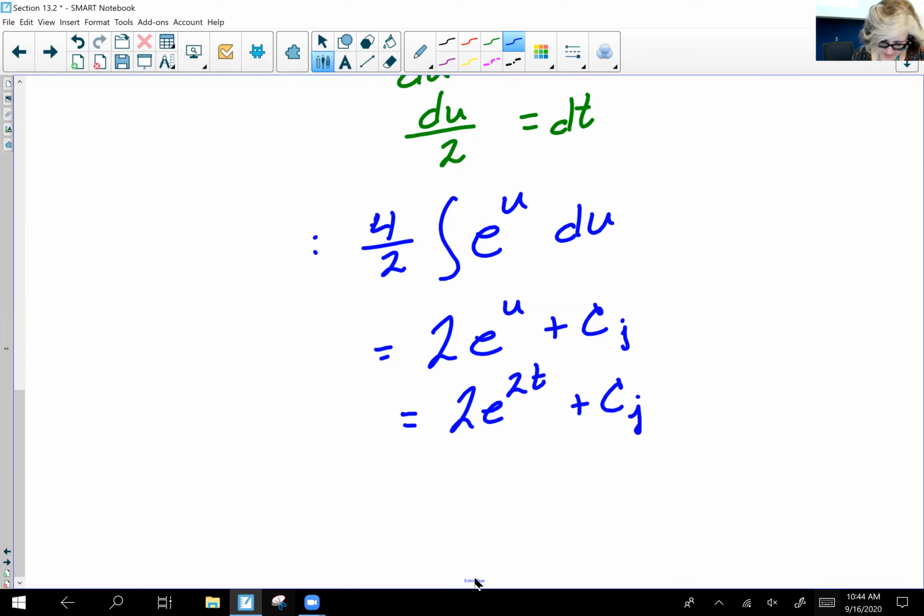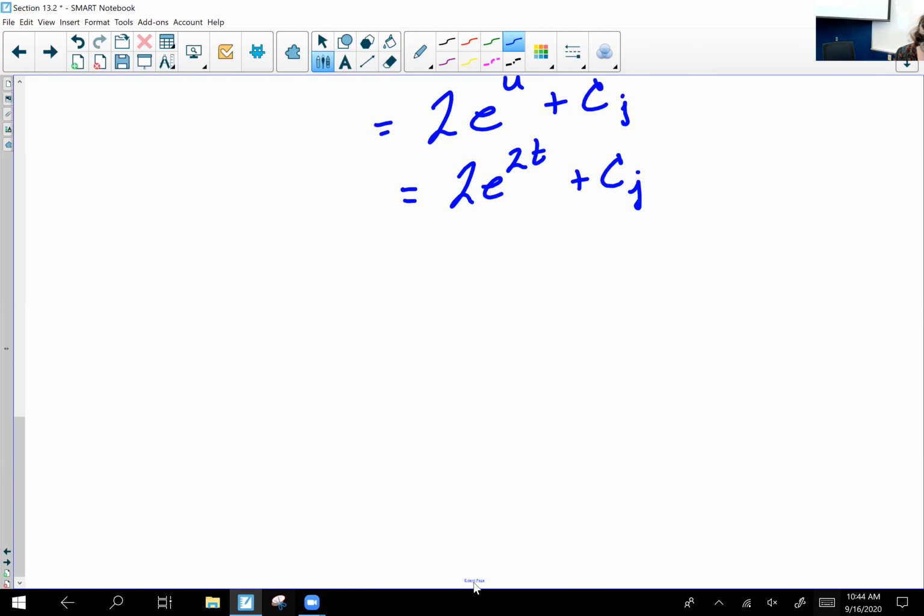All right, finally, we have K. And so our K is then going to be the integral of 5t squared dt.